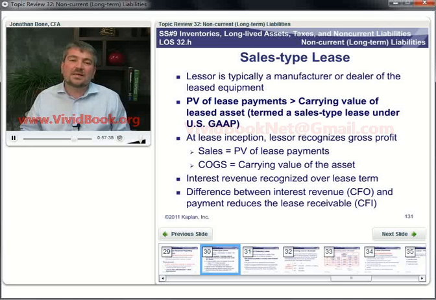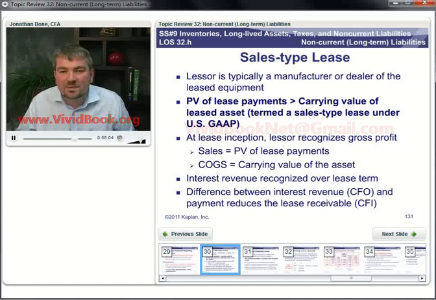In other words, you're going to recognize a profit up front. The rest of the profit on the lease is going to be spread as if it was interest over the life of the lease. Okay. So notice any difference between interest revenue and payment reduces the lease receivable, reduces your balance sheet asset, and of course the payment goes through CFI.